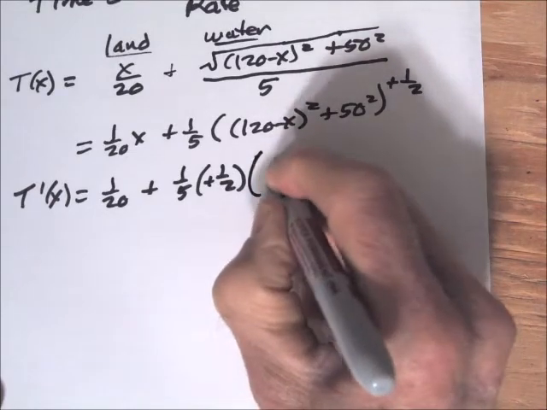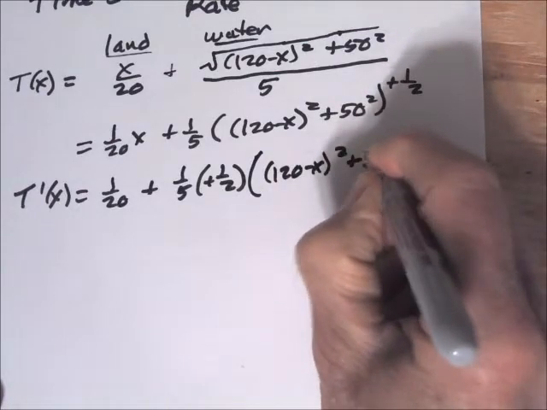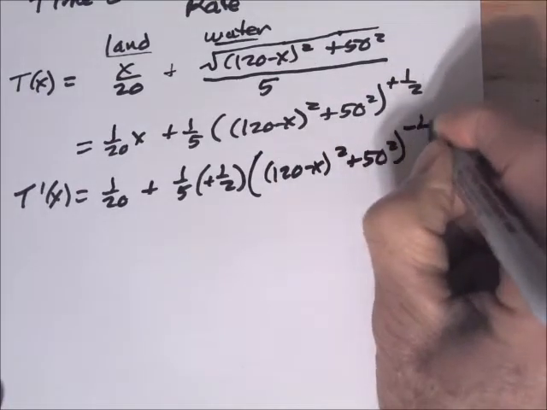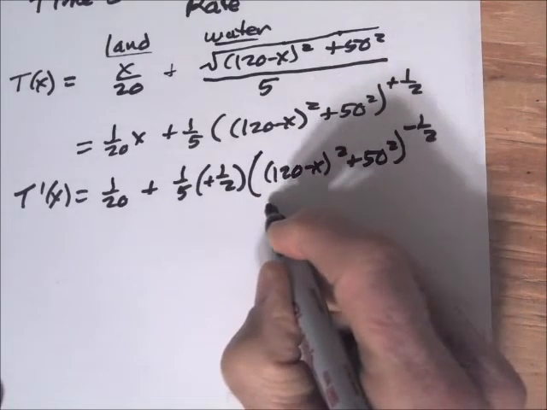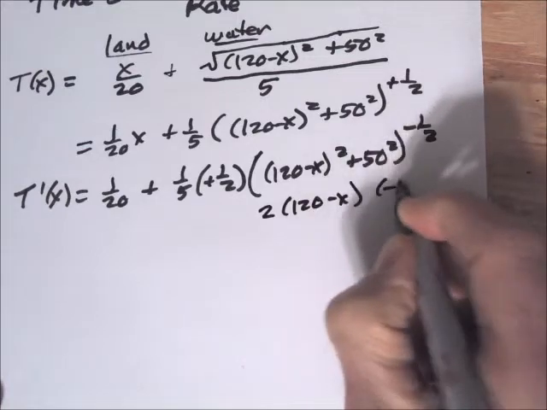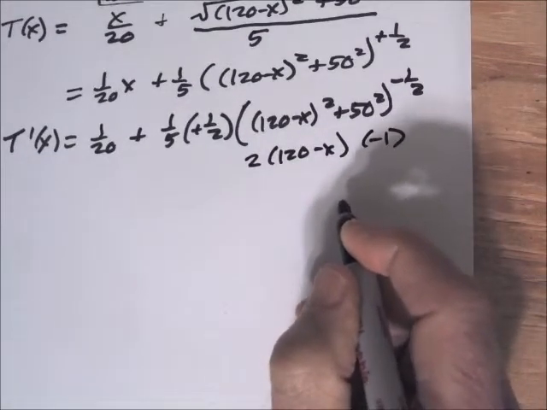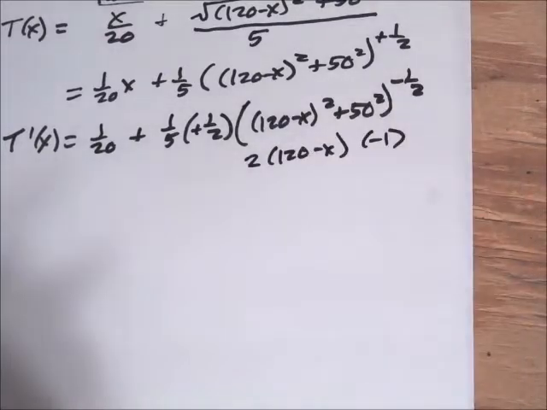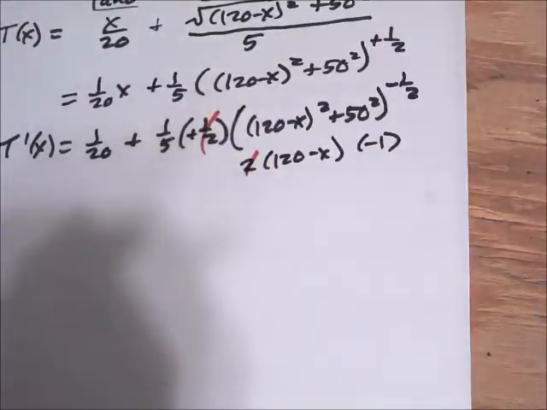So this is going to be 120 minus x quantity squared plus 50 squared to the negative 1/2, and then we have to multiply by the derivative inside, which is 2 times the quantity 120 minus x times negative 1. The 2 and the 1/2 will cancel, and we can take the minus sign out in front.